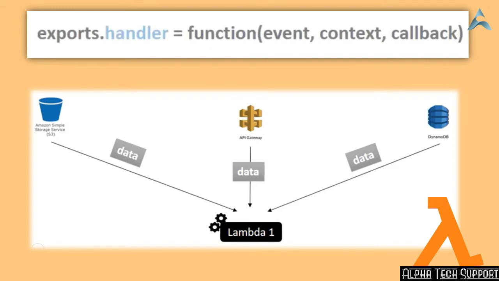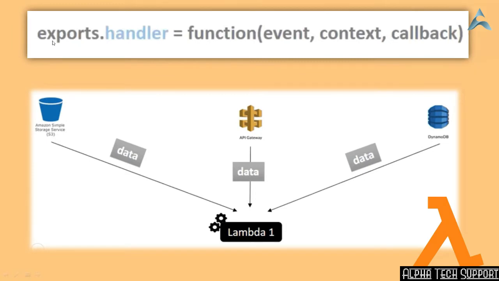And if you are using any database like DynamoDB or Amazon RDS, the data regarding row insertion, column insertion, or updation for any table gets stored with the event object.